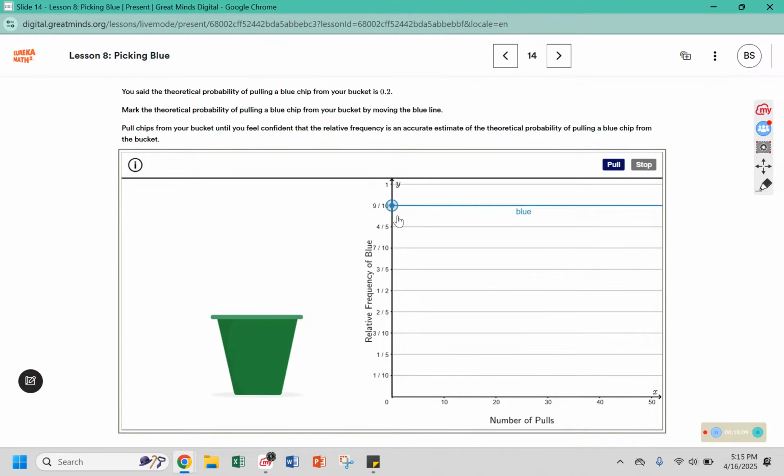So 0.2 is the same as 1/5. And we're going to wait until our relative frequency line starts to flatten out around 0.2.